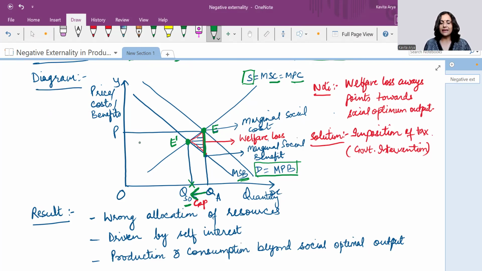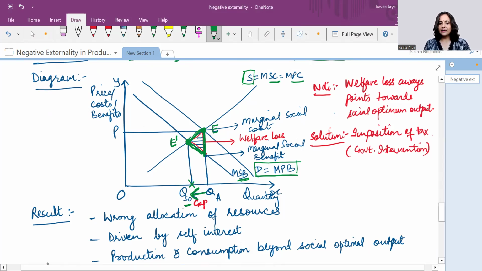So, with this interaction, the supply curve remains as it is, the demand curve is there, but we have socially more cost, so the social benefit curve lies below this. So this triangular area showcases the welfare loss for the society.